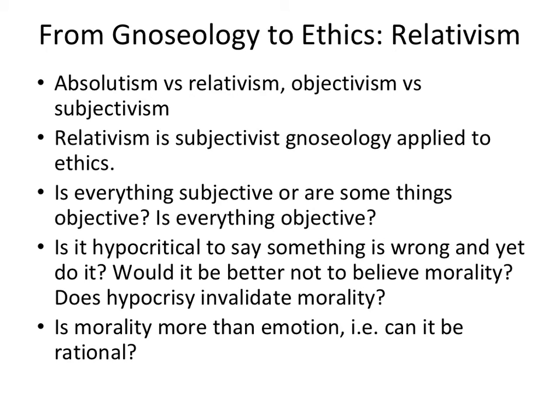Moving on, we will talk a little bit about subjective and objective. Make sure you understand the difference between subjective and objective. I'll talk about that in a little bit. And absolutism is a term sometimes used.